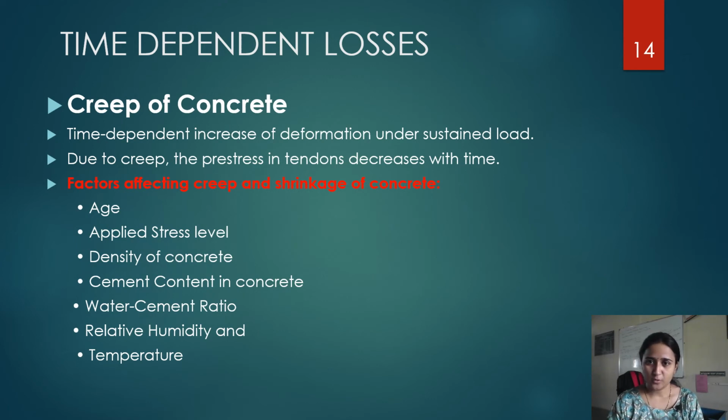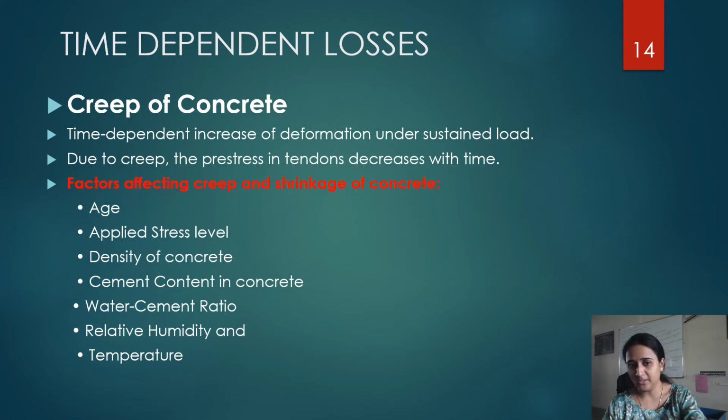Before moving on to those two methods, we'll see the factors affecting creep and shrinkage: age of that particular beam or construction, applied stress level, density of concrete, cement content in concrete, water cement ratio, relative humidity and temperature.